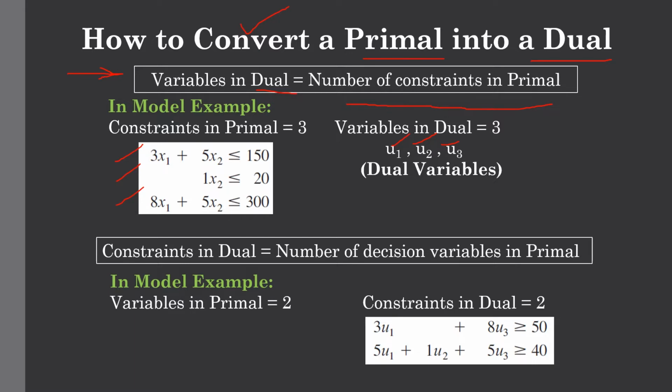Similarly, how many constraints in the dual? They are equal to the number of decision variables in the primal. The number of decision variables in the primal is 2, so the number of constraints in the dual will be 2.